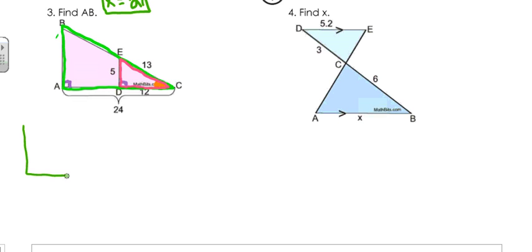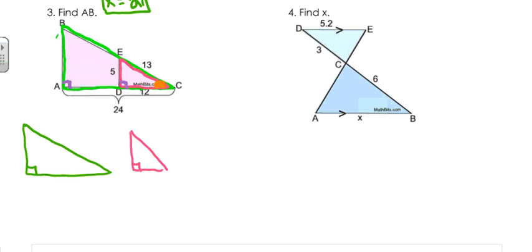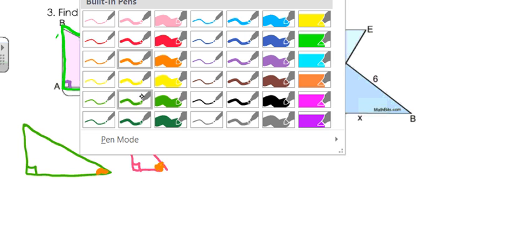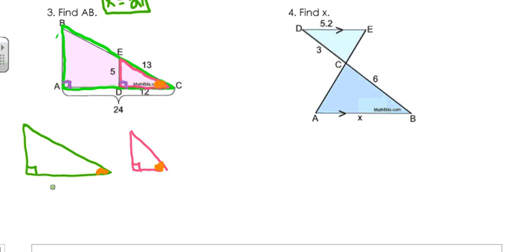I've got the big green one, and I've got the littler pink one, each with a right angle, and each with that orange angle in the bottom right corner. And now when I go to fill in some side lengths for the green triangle, the bottom of the green triangle is 24.